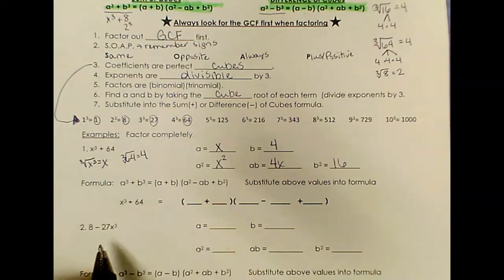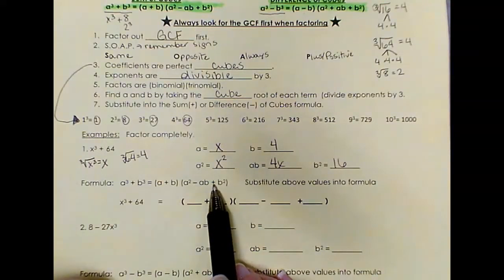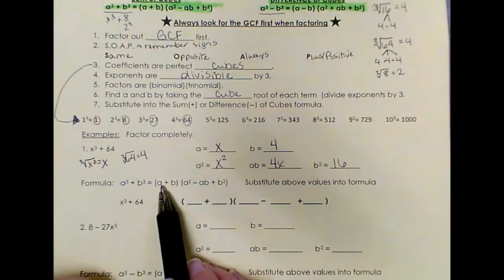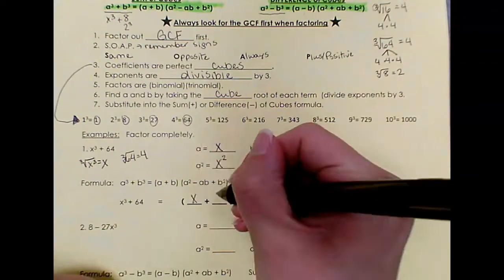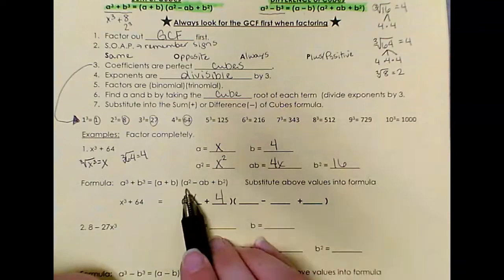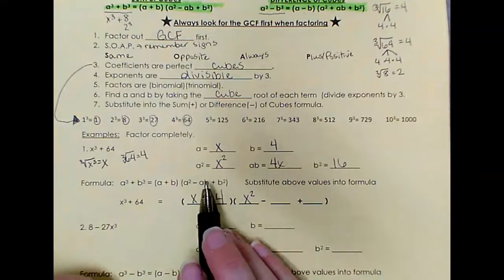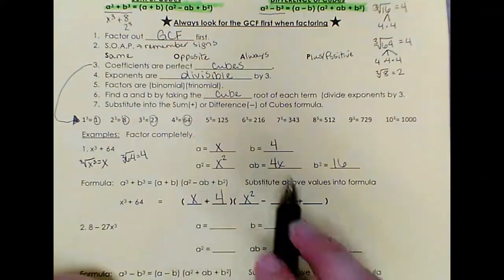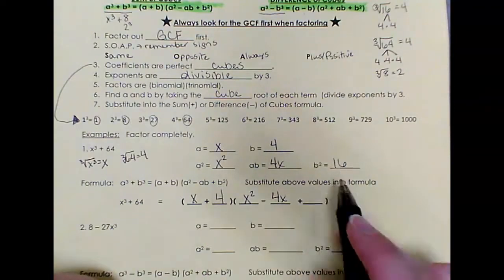That means that my formula will have a sum, a difference, and then a plus sign at the end. So a plus b, x plus 4, times a squared, which is x squared, minus ab, which is minus 4x, plus b squared, which is plus 16.